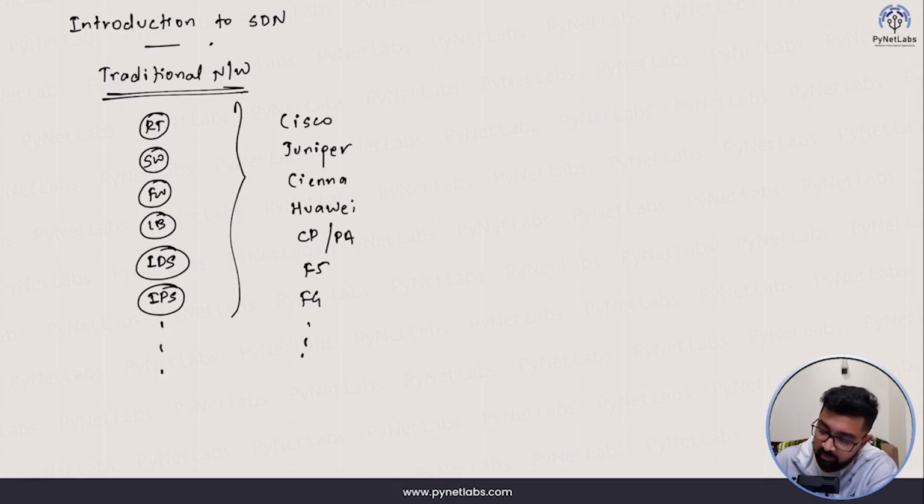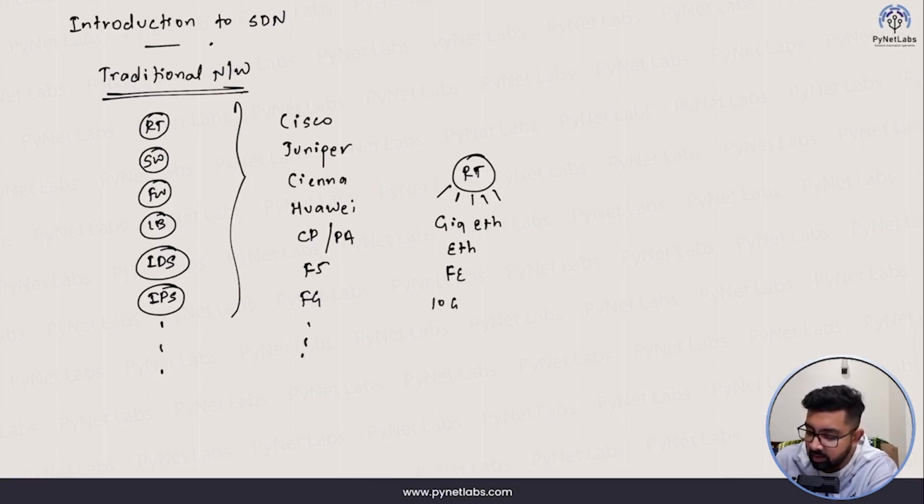If we have, let's say, a router, it will have various ports on the front end, such as gigabit Ethernet ports, Ethernet ports, fast Ethernet ports, or 10 gig Ethernet ports, and on the back end it will have a console port and an auxiliary port or so. Generally there are two ways a device can be managed. One is by using local connections, and the other is by using remote connections.